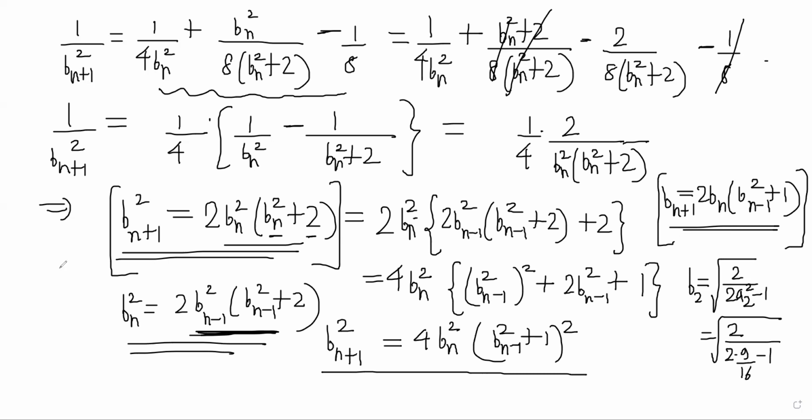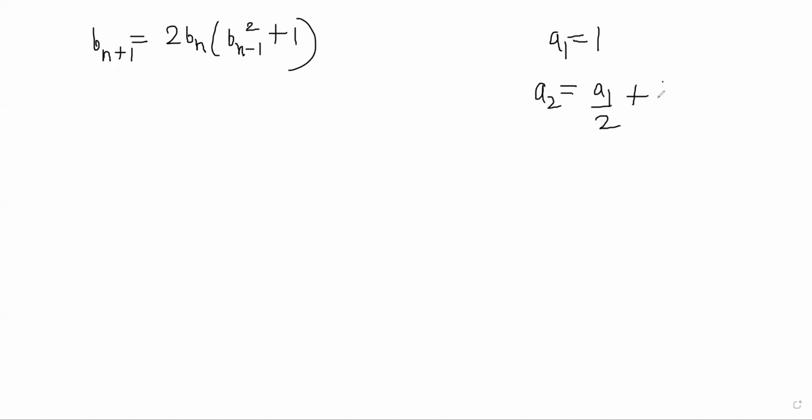So far what we have is bn plus 1 is equal to 2 bn minus 1 square plus 1. And we have a1 was 1, a2 was equal to a1 by 2 plus 1 by 4a1. So a2 is 1 by 2 plus 1 by 4, which is equal to 3 by 4.